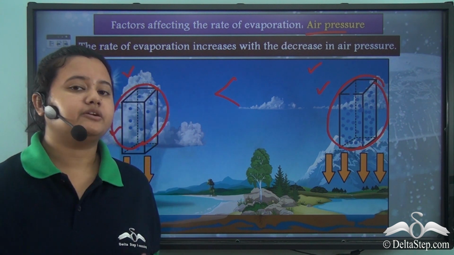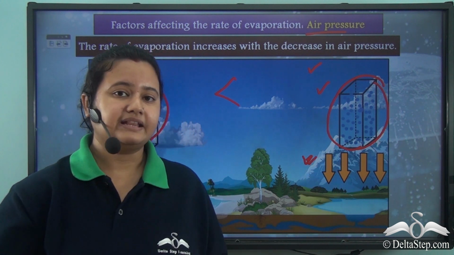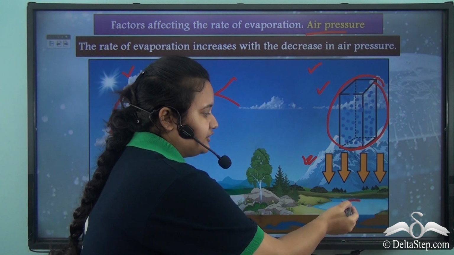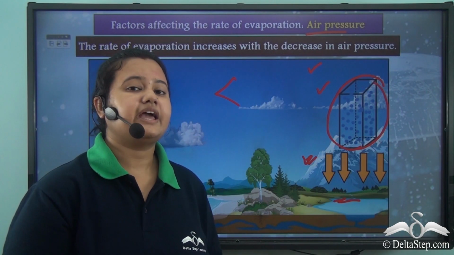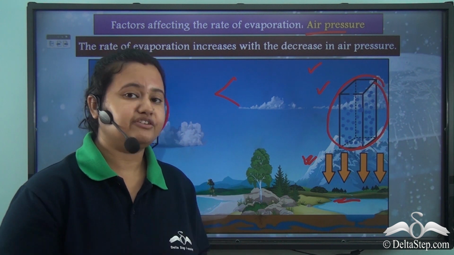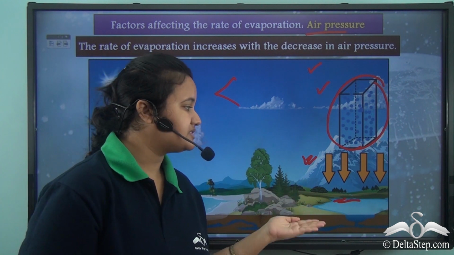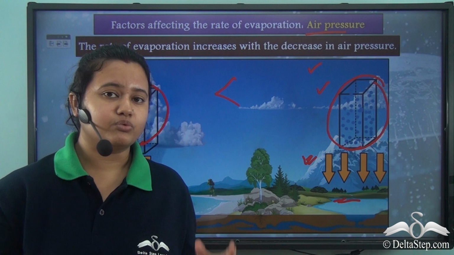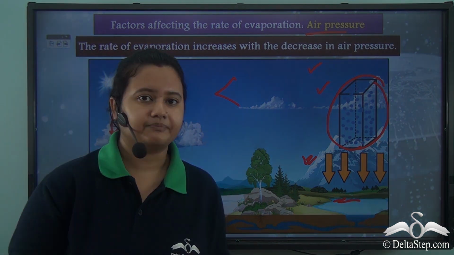Now if the atmospheric pressure is more, then it will exert more pressure on the surface of the water body. This increase in air pressure will cause difficulty for the water molecules to escape from the surface of the liquid. So if the air pressure is more, then the rate of evaporation will be less.